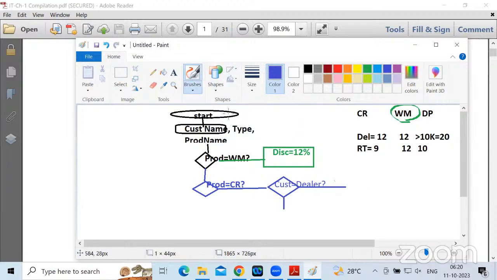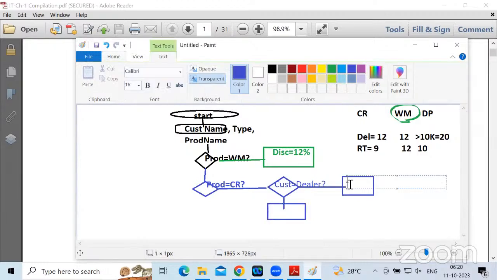If it is yes, if it is no. So if it is yes, so we have to say yes.